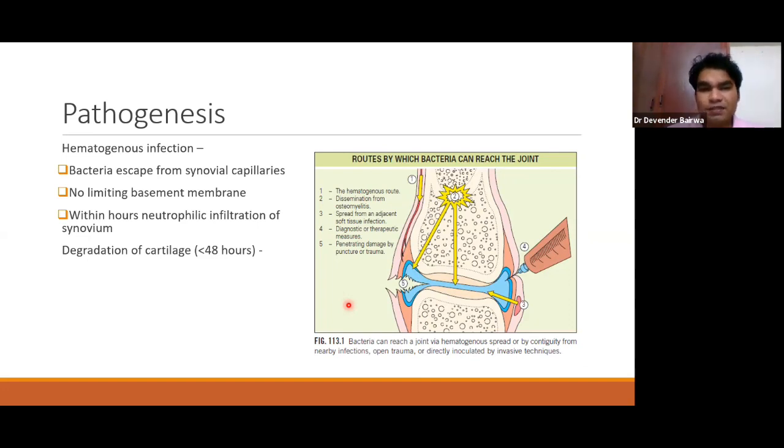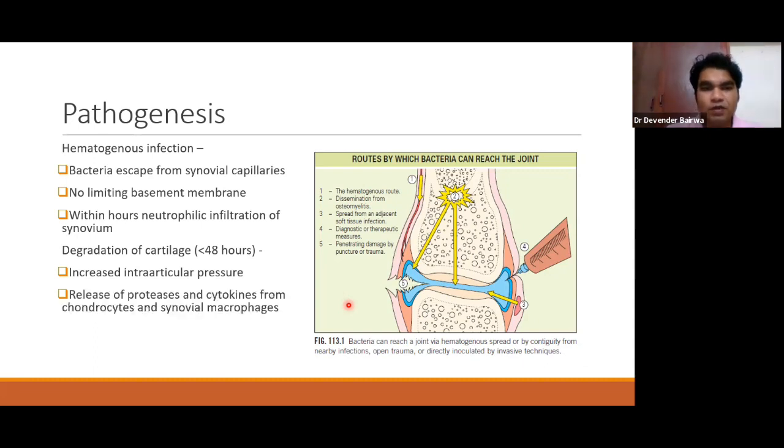So degradation of cartilage starts in less than 48 hours. There are various reasons why this degradation occurs. One is the increased intra-articular pressure, because lots of fluid is forming there because of leakage. Then there will be release of proteases and cytokines from chondrocytes and some macrophages, and there will be invasion of the cartilage by bacteria and inflammatory cells.